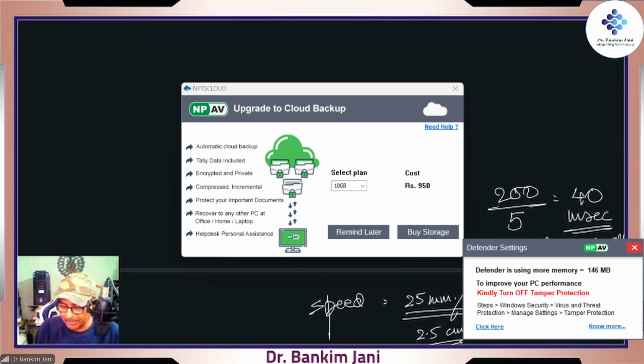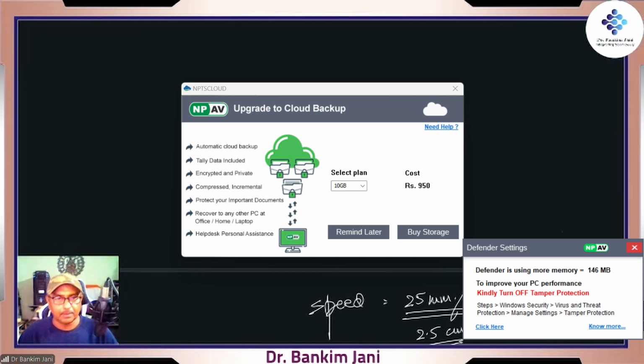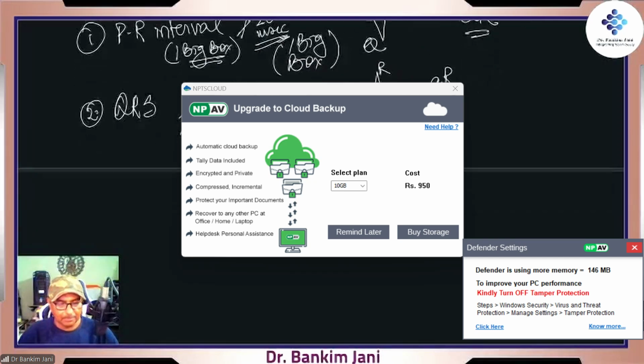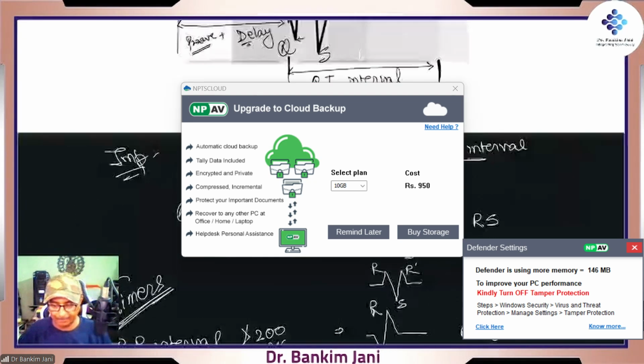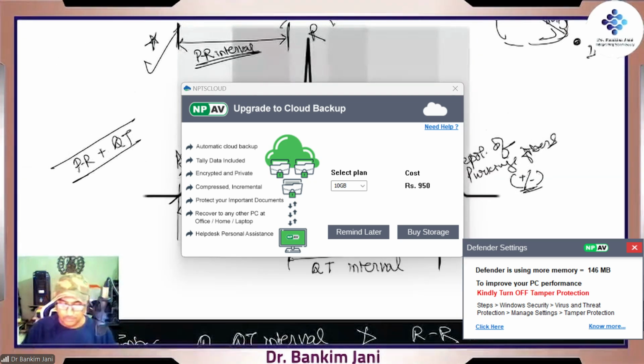Not very complicated, but you need to know. So we said that QRS should not be more than 120 milliseconds, three small boxes. The next one is the QT interval. QT interval is very important.